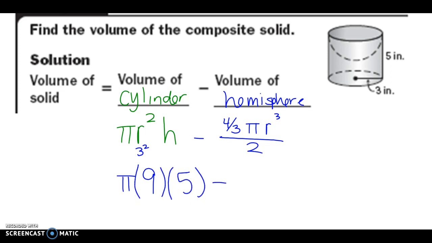Minus, we got 4/3 pi. The radius of the sphere, 3, because we only have half of that hemisphere. It's not a full sphere, right? Which 2/3 thing? You can. That's 3 cubed. What's 3 cubed? 3 times 3? 9. Times 3 again? 27.